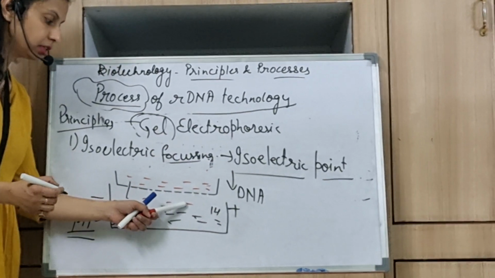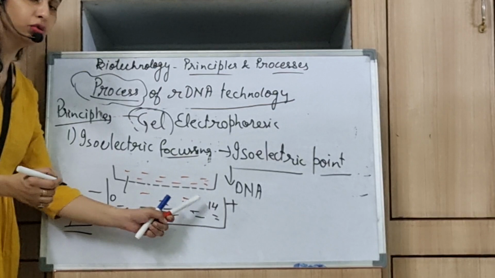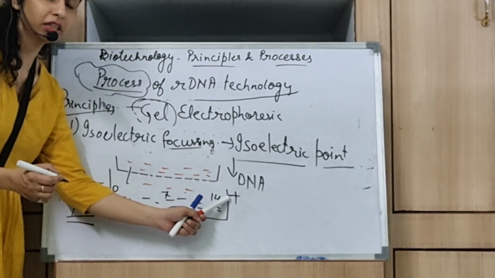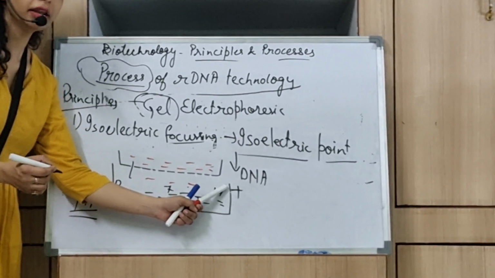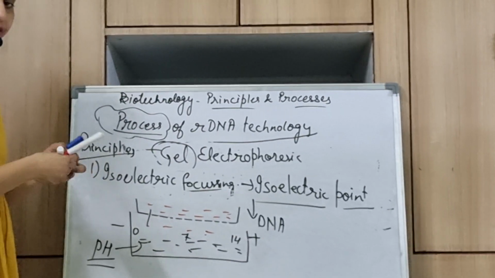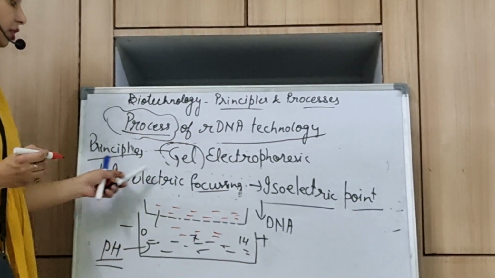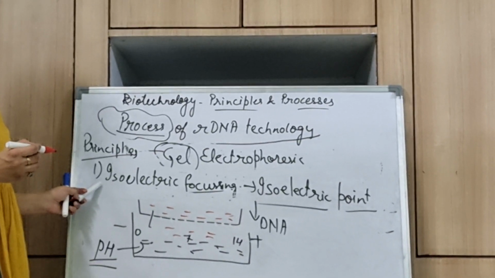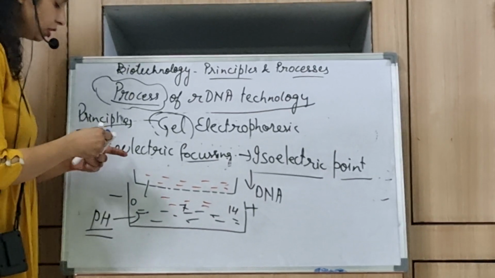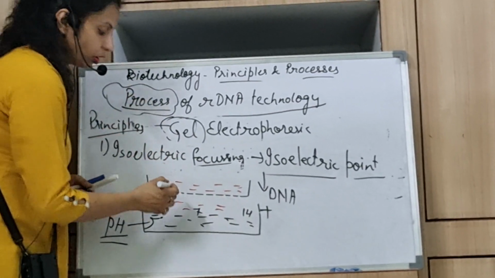Suppose this DNA is coming at this point between pH 7 and 14, because it is trying to move towards the positive charge as DNA is negatively charged. So this is how we will get different fragments of DNA using this technique, that is isoelectric focusing. Now once this medium is a gel, then what will happen?